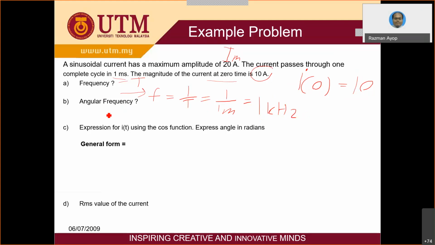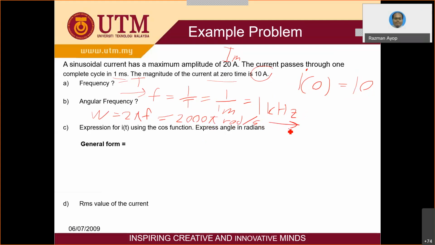How about angular frequency? You remember angular frequency is ω equals 2πf. So just insert the values, and you get 2000π radians per second.